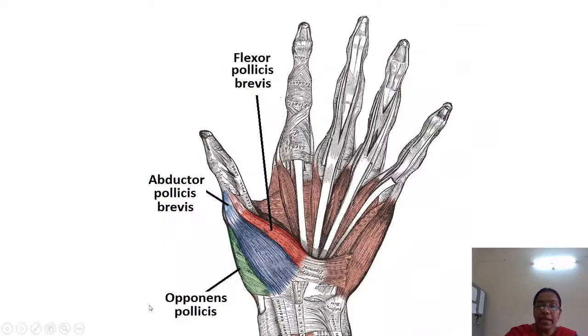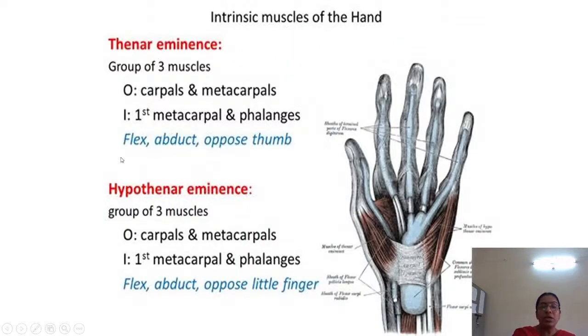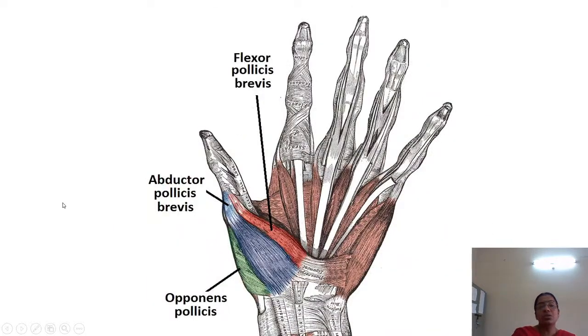Now in detail, first the muscles forming the thenar eminence. These are the three thenar muscles: flexor pollicis brevis, abductor pollicis brevis and opponens pollicis brevis. These three muscles form the thenar eminence.